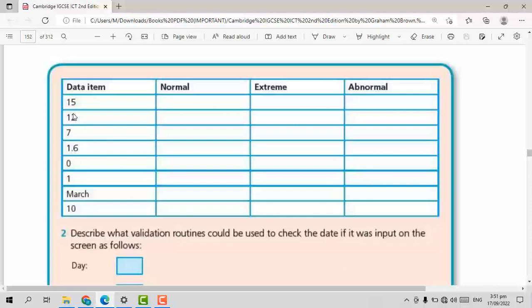Now, if the user entered 12, then it's extreme, because it's at the edge of the range. 7, normal. 1.6, abnormal, because we don't have a month that is 1.6, right? It's totally not acceptable. 0, abnormal, because it's not acceptable. 1 is extreme. When we're dealing with months, 1 and 12 are extreme. March, abnormal, because we're using only digits or numerics, right? 10 is normal because it's between 1 and 12.